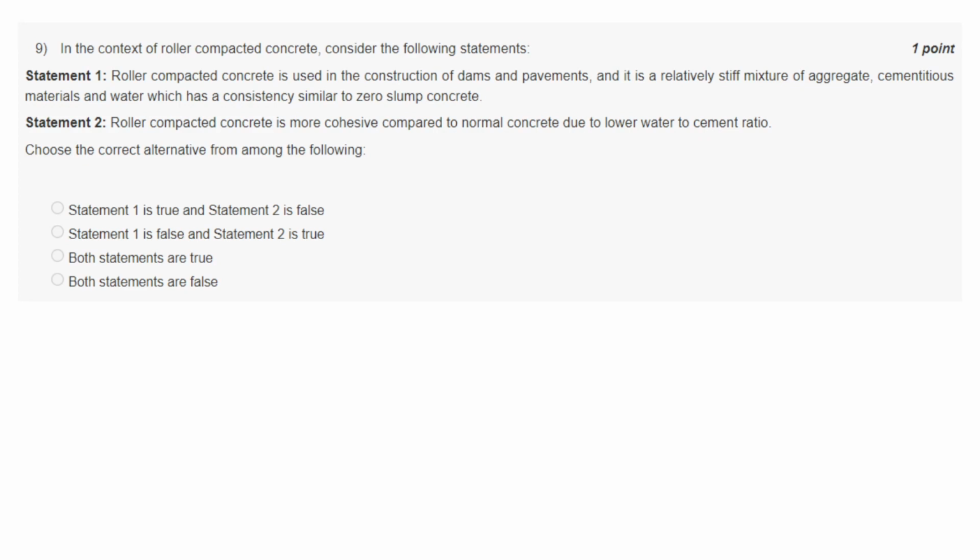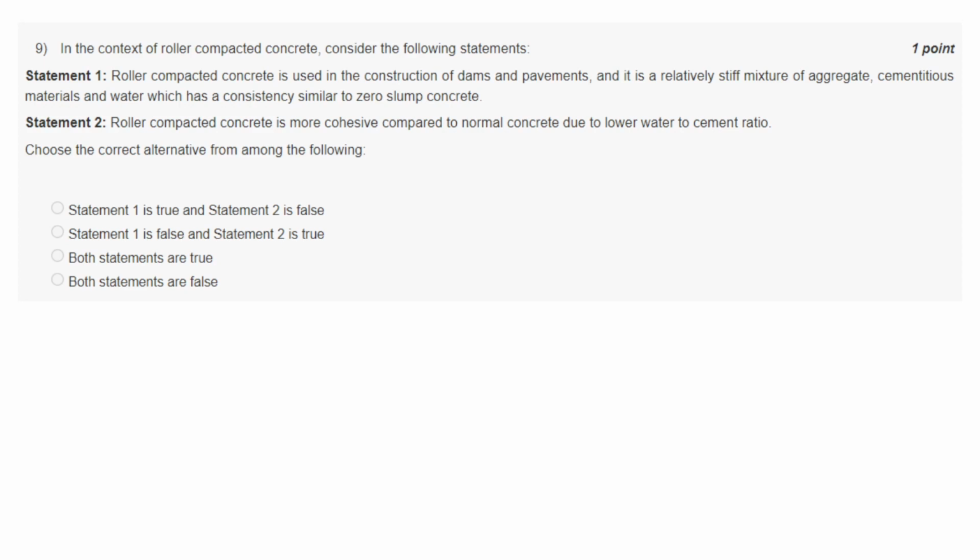Statement 2, roller compacted concrete is more cohesive compared to normal concrete, due to its low water to cement ratio. The first statement is true.